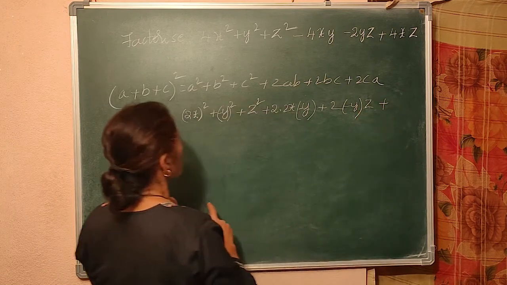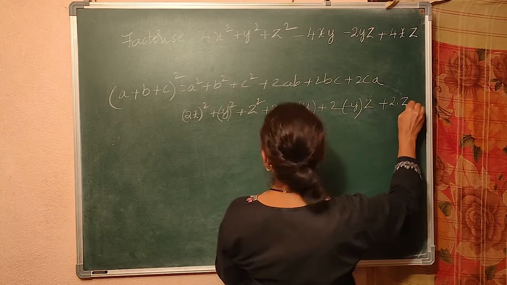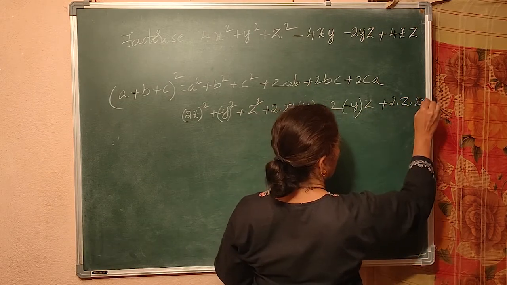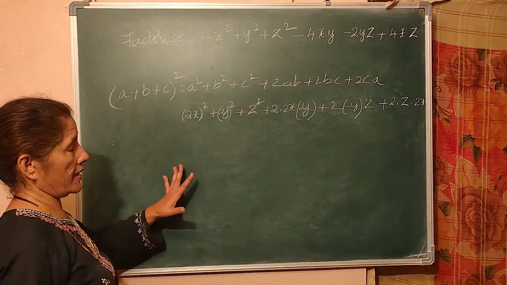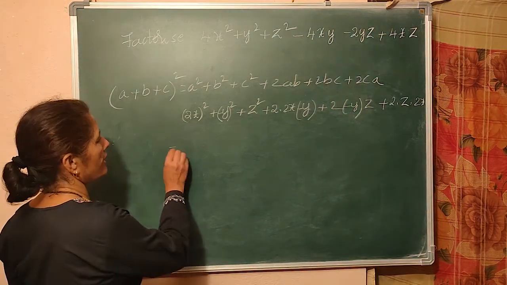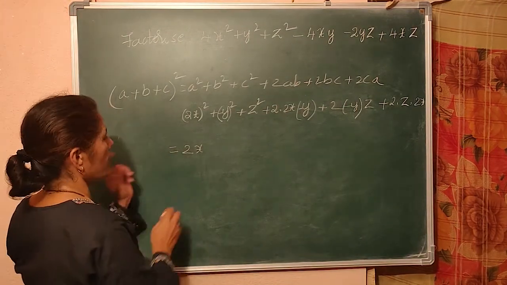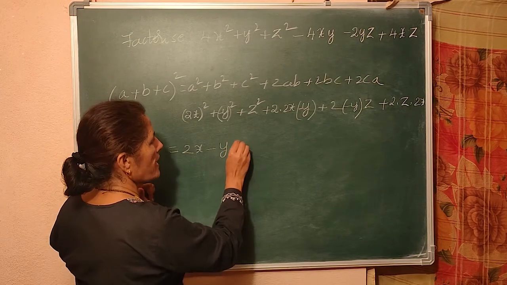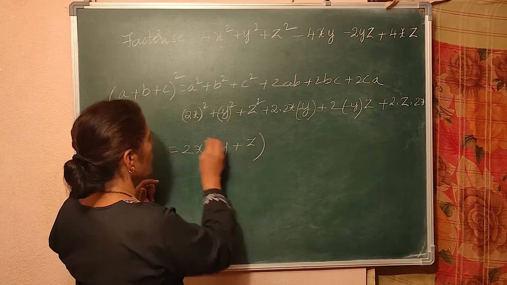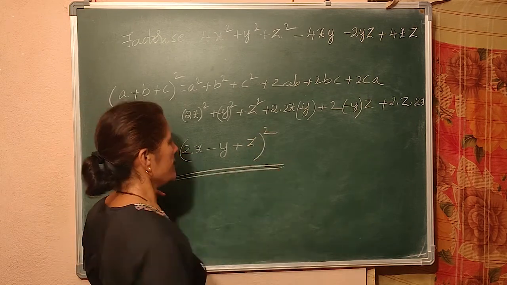Plus 2zx. 2z into x is 2zx. Is it 4xz? Yes. That means, what is this nothing but? It is nothing but (2x minus y plus z) the whole square. That is all. Right?